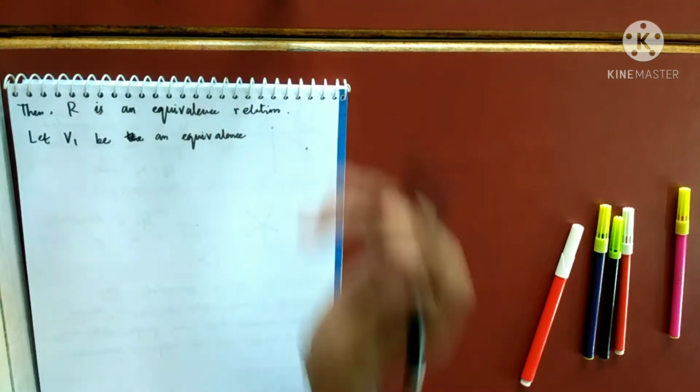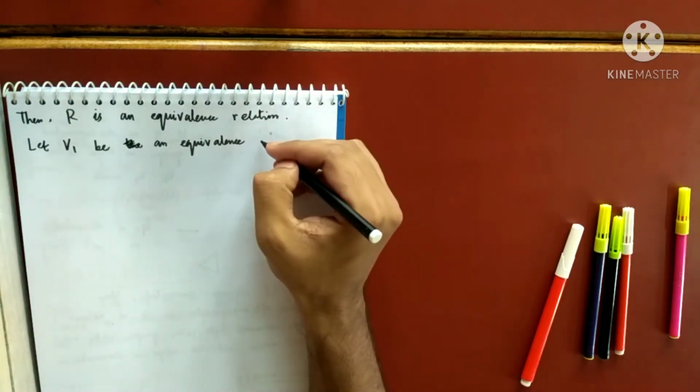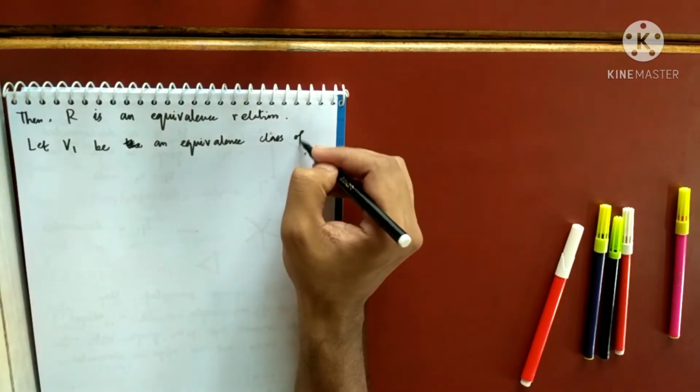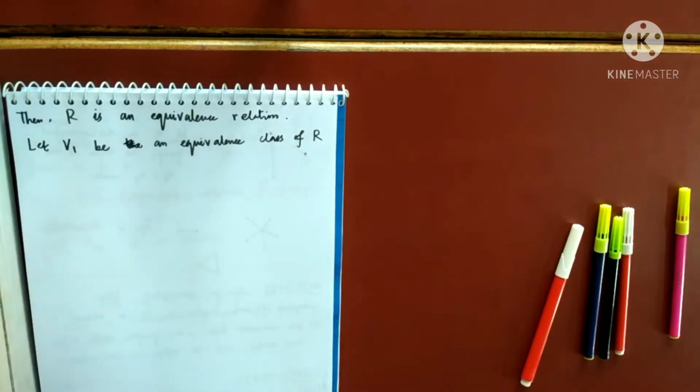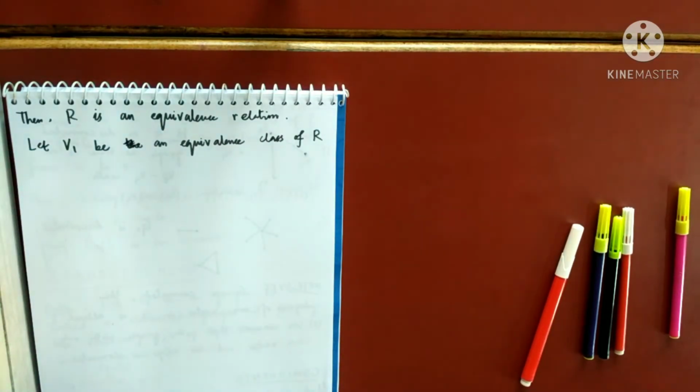Just try to connect with the example which I took. Let V1 be an equivalence class. So I am considering one equivalence class of R. Why am I naming the class V1? That will be a subset of V. You just saw the classes were nothing but the subsets of the vertex set. So let V1 be an equivalence class of R.